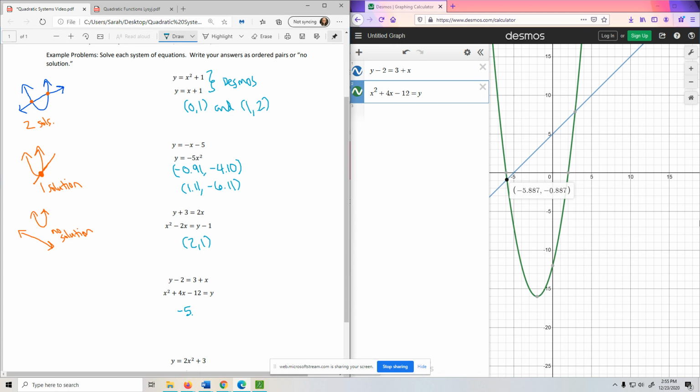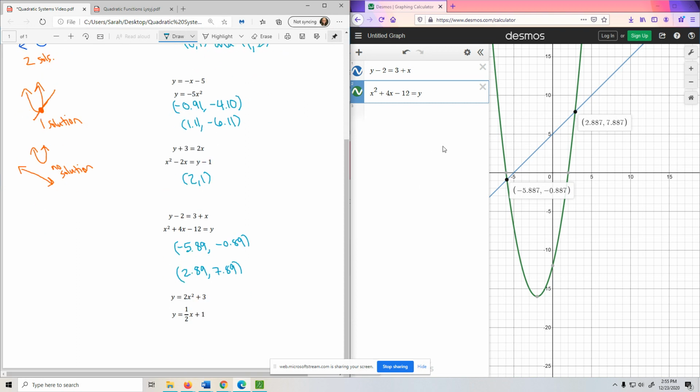So the first point would be (negative 5.89, negative 0.89) when we round. Let's find our other solution. That's going to be up here, (2.89, 7.89) when we round there. So again, make sure you list both ordered pairs, round to 2 decimal places, just a good standard place to kind of round things off like we've been doing.